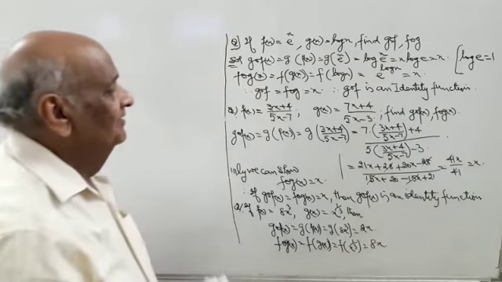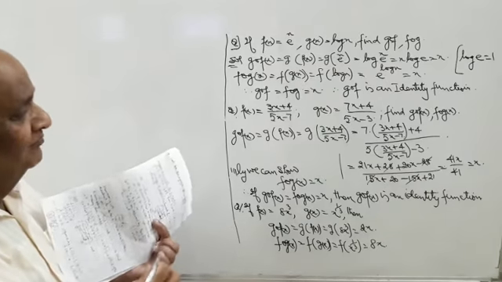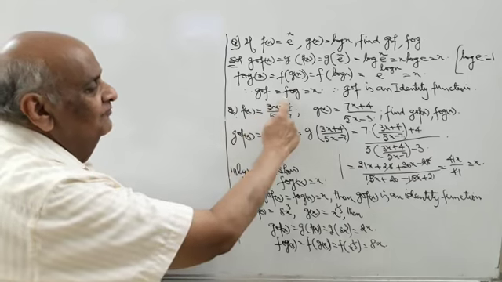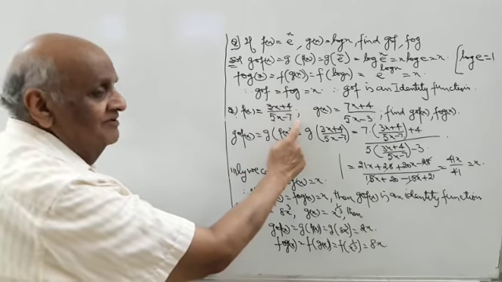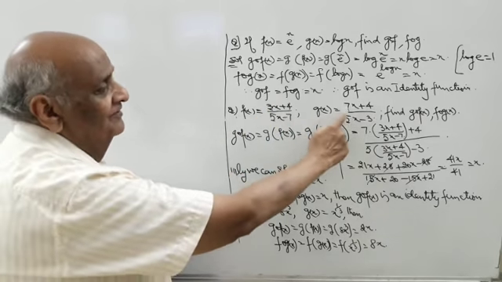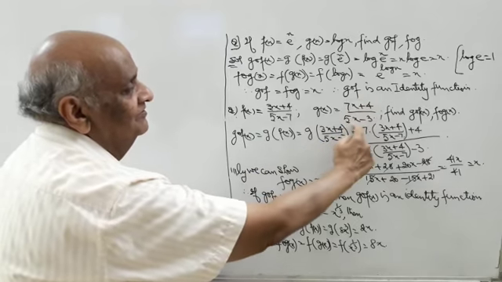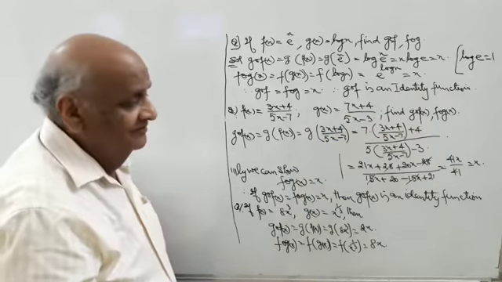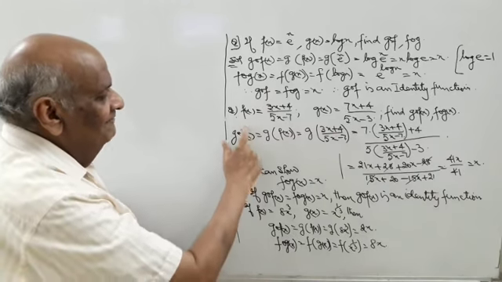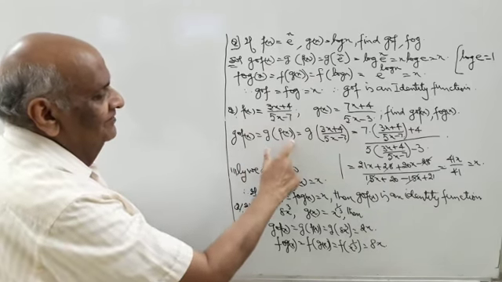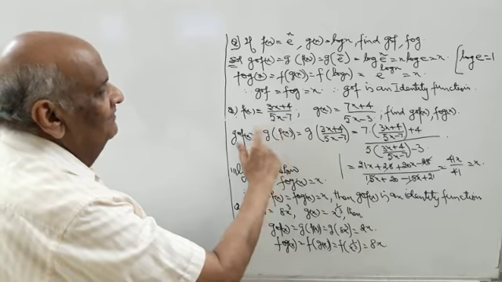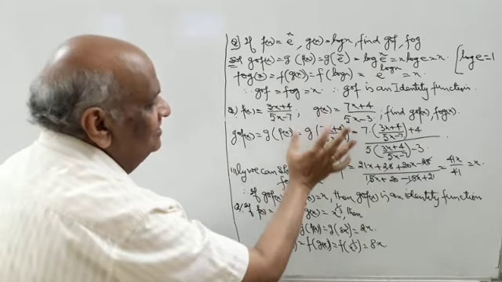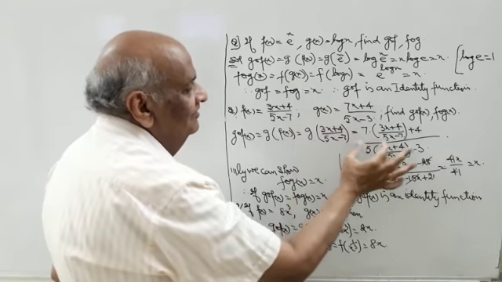Check out. Now in the same way we have one more question. f(x) is equal to (3x plus 4) upon (5x minus 7). g(x) is (7x plus 4) upon this. Find g circle f(x), f circle g(x). See, g circle f(x), g of f(x), f(x) is given. Now g of this, here I shall replace x with this.